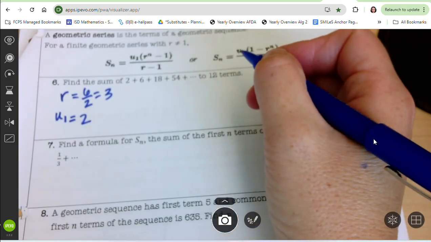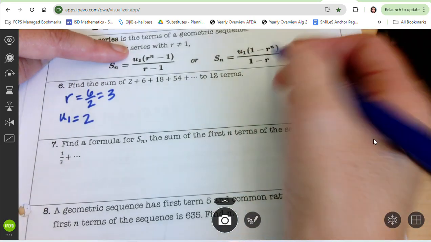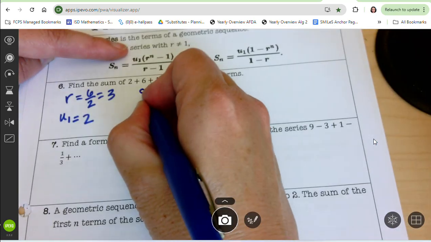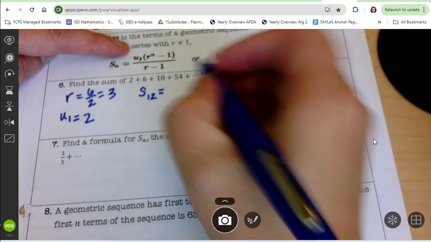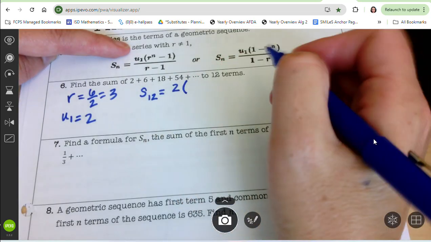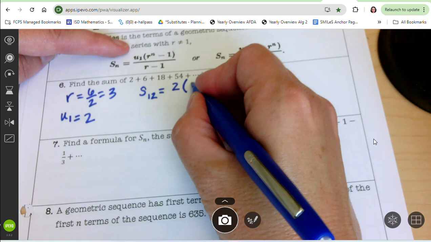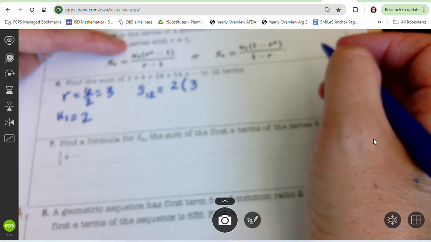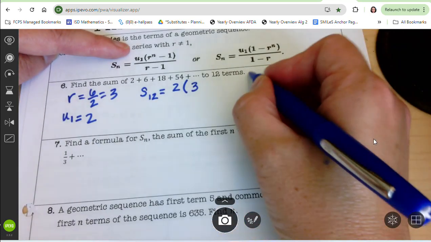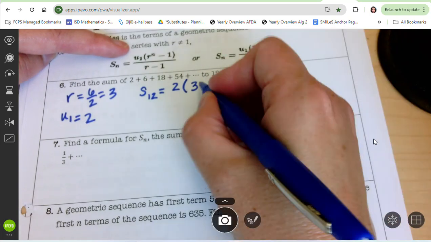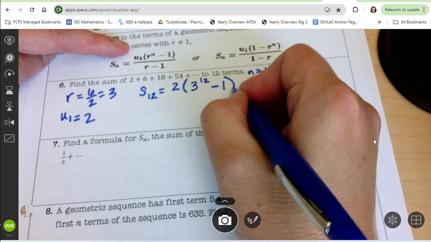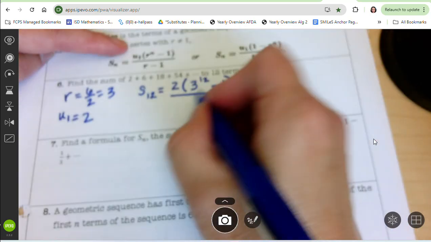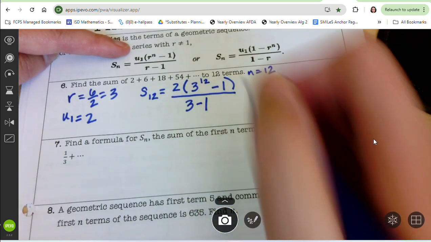I'm going to use this one, but if you want to use the other one, you're all good. So I'm doing S sub 12: U sub 1 is 2, R, 3, to the N. N equals 12, 12 terms, minus 1, and then R minus 1.